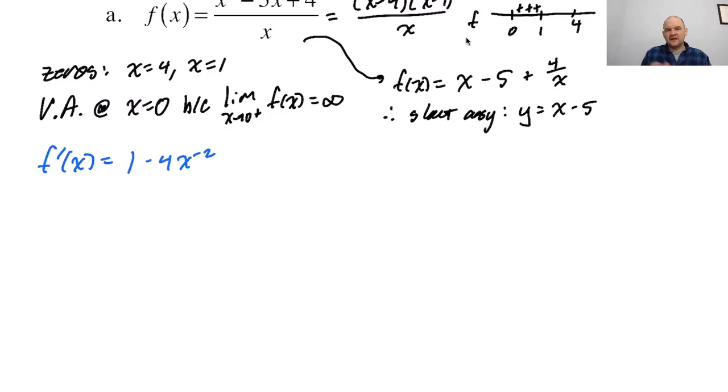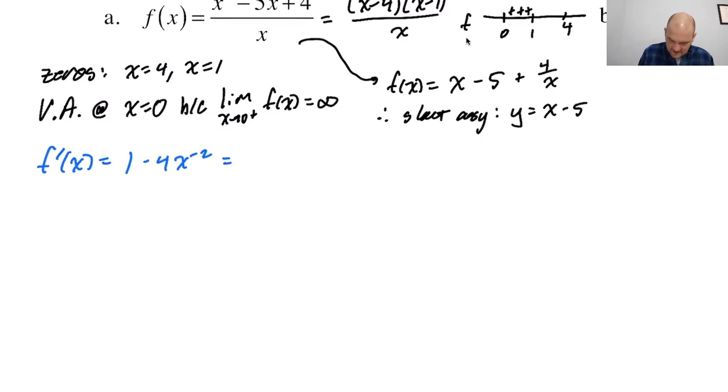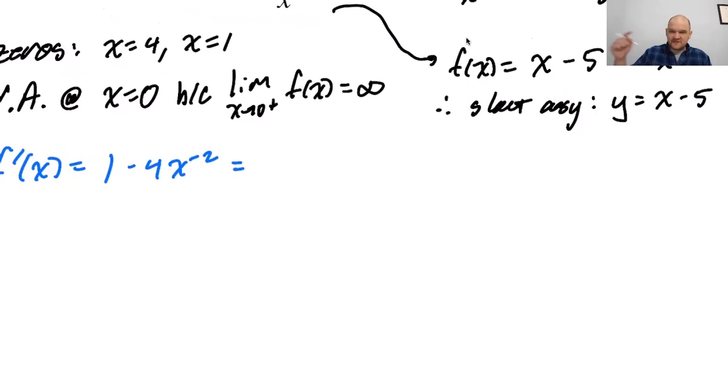I want to rewrite that. When I find f double prime, I'm going to go back to this form because this will be the easiest place to find it. But I'm going to say right now that this is 1 minus 4 over x squared, which common denominator is x squared minus 4 over x squared, but that factors. So I'm going to make it (x plus 2)(x minus 2) over x squared.